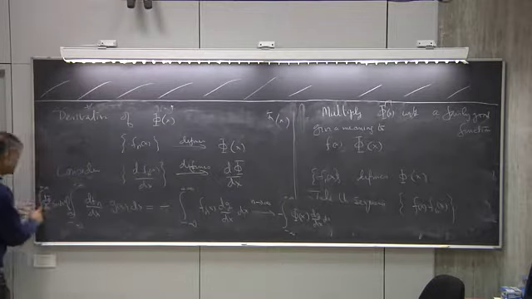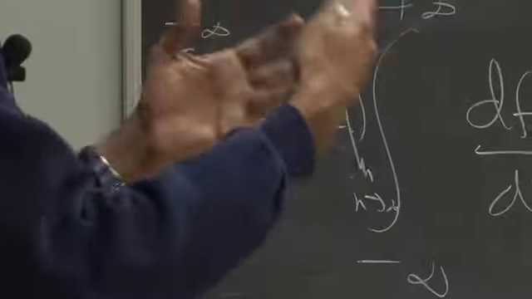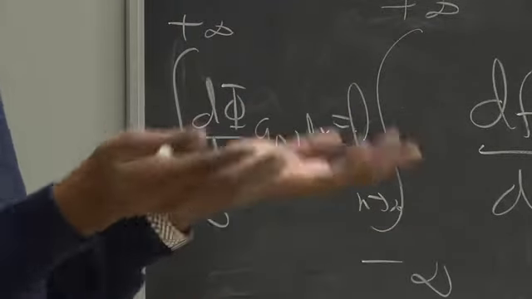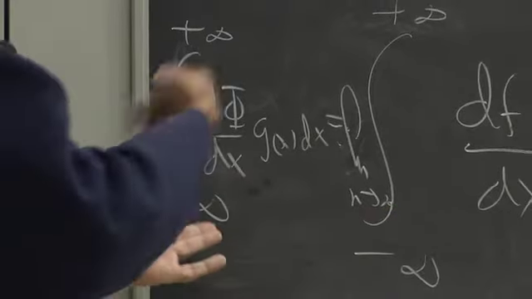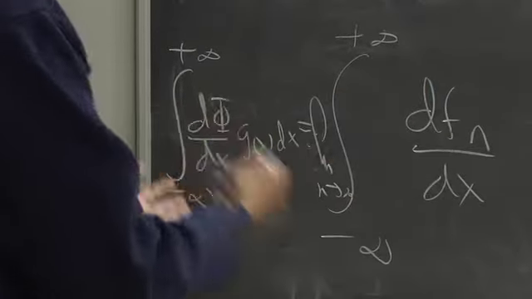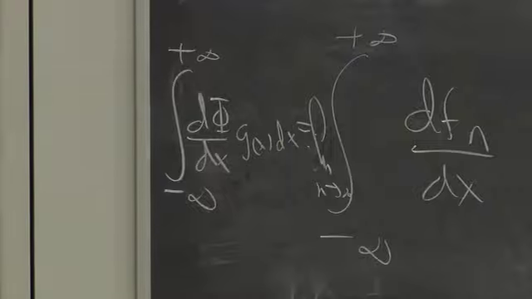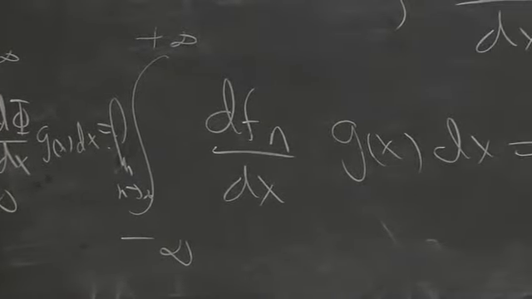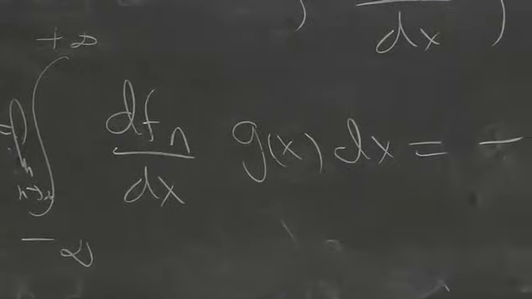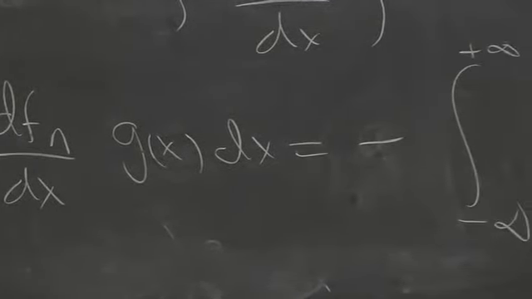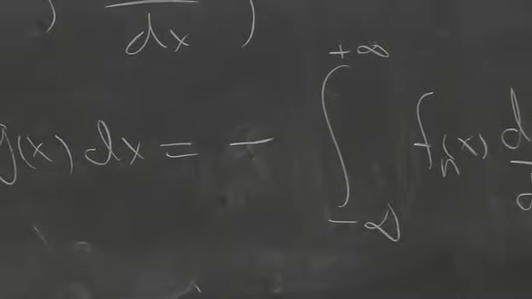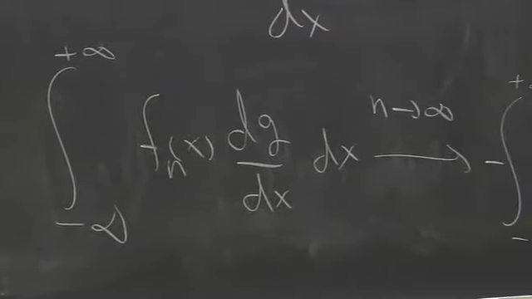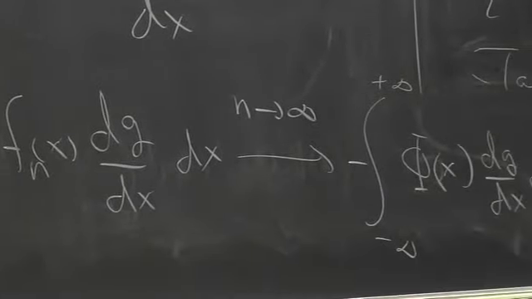Because if you just try to do the integration by parts, like you do for normal functions, then if you put the two sides together, what we are saying is that the integral of d phi by dx times g of x plus phi of x times dg by dx is 0, right?